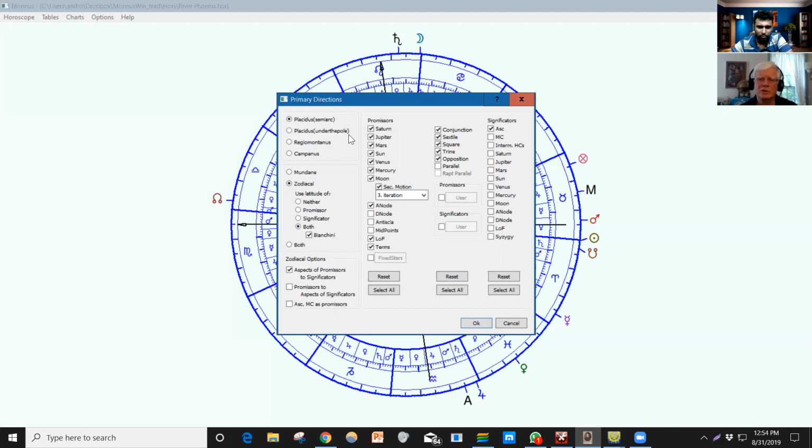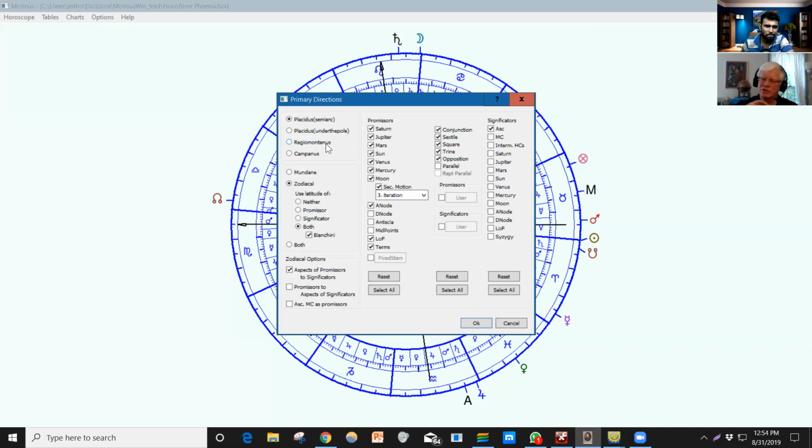Placidus under the pole is sort of a modern adjustment, trying to make the calculation easier, but it's not necessarily more accurate. It's just easier to calculate. It's close to the semi-arc, but often it's off by a few months. So I'd stick to the Placidus semi-arc.